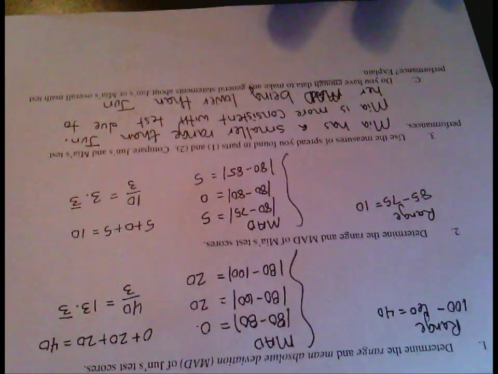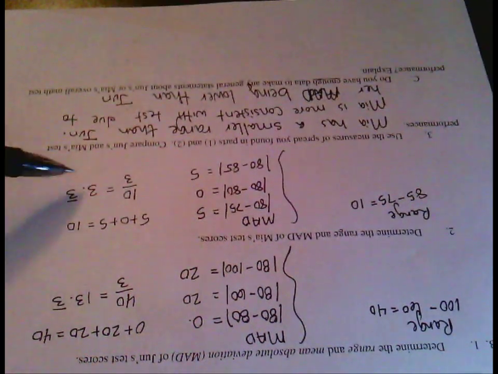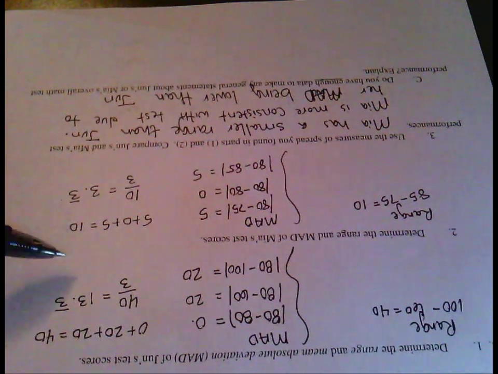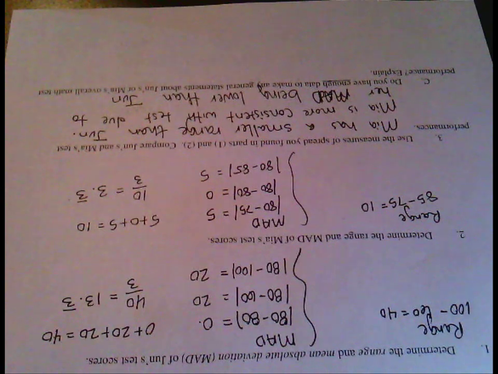MAD actually tells us how consistent that person is. The smaller the MAD, the more consistent the person is. And so it's not a surprise when Mia ends up being more consistent than June, because if you look at June's range, it's so much bigger. But it's only 3 data points.